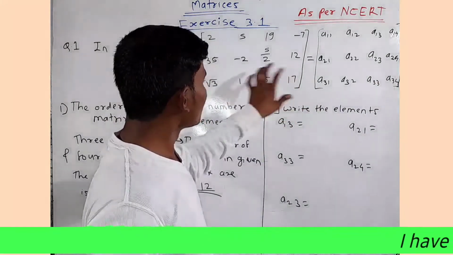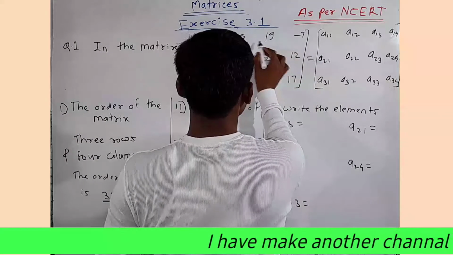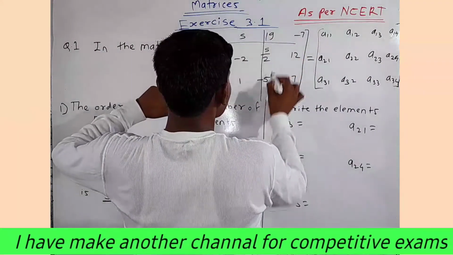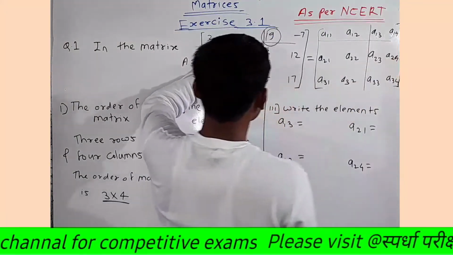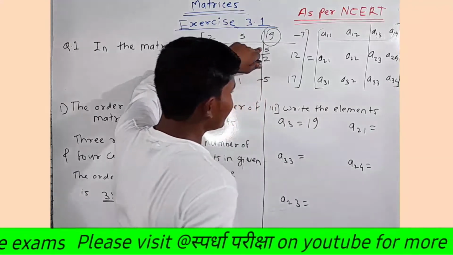On comparing both matrices, we get A13 as first row, third column, that is this element. So A13 is 19.